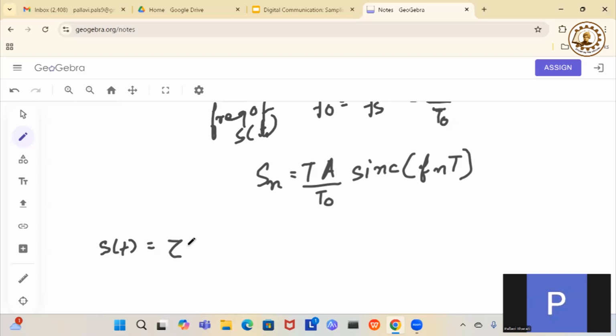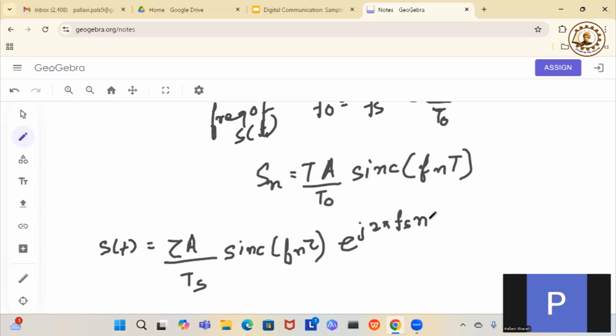So this is tau A by Ts sinc(f_n tau), and since it is periodic, that's why we are putting this e to the power j 2 pi f_s n t.